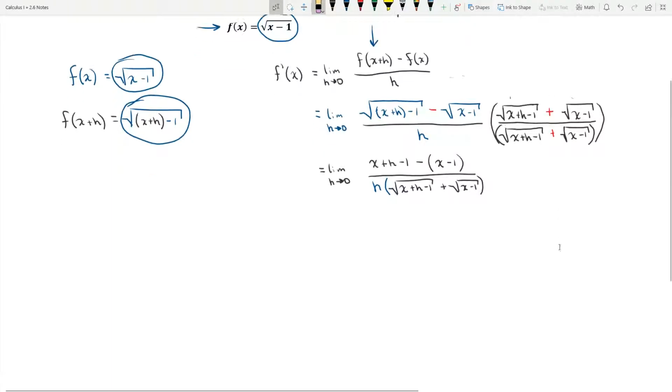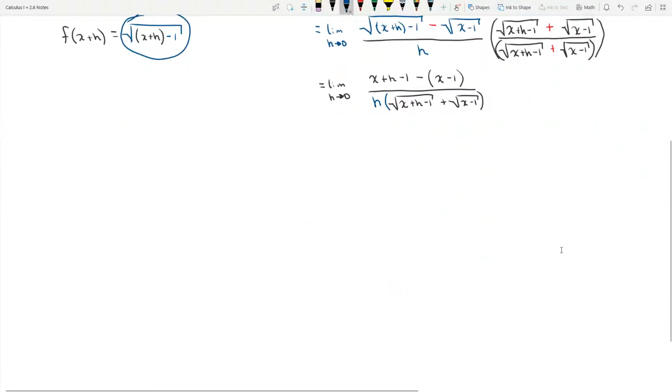So the next step is to simply reduce like terms in the numerator. And to do that, we're going to carry this negative 1 through. I made sure to put parentheses around this set because I have not carried that negative sign through yet. So I'm going to rewrite this one more time so we can see what it looks like.